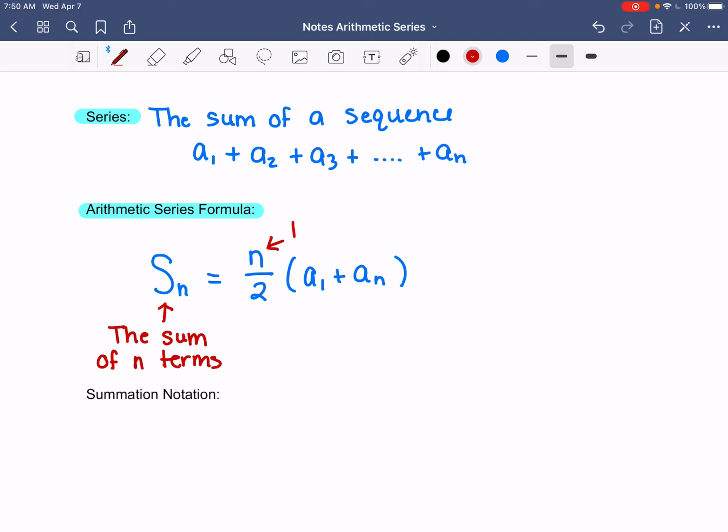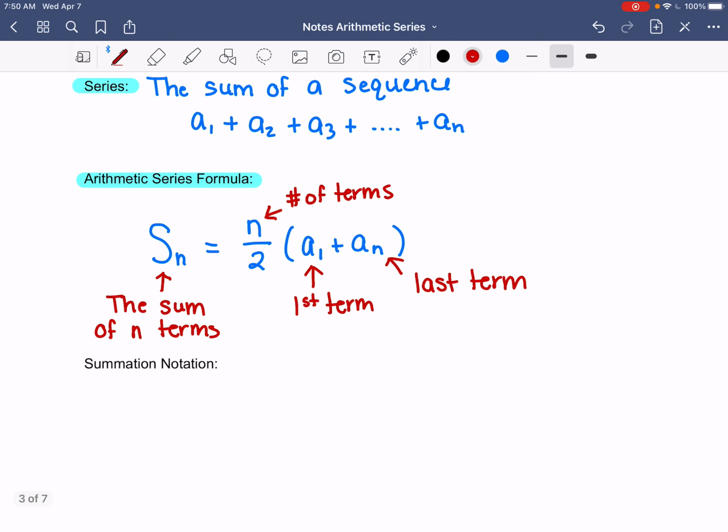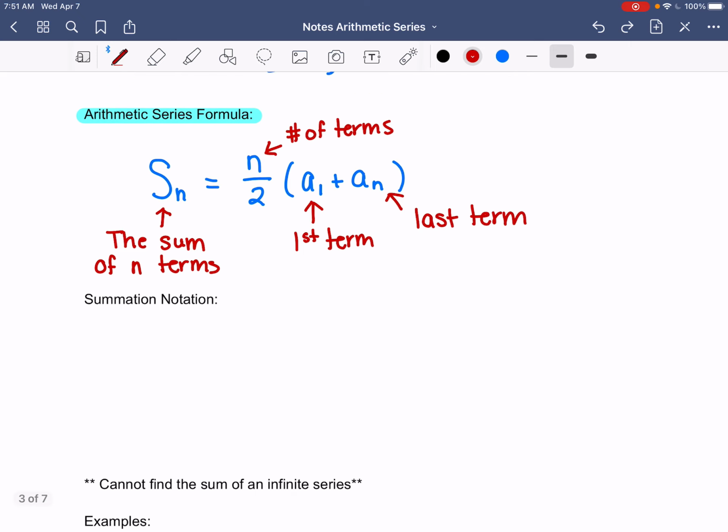N is just your number of terms. A sub 1 is your first term. And A sub n is your last term. So you're going to take your number of terms, divide it by 2, then add together your first and last term, and then multiply those numbers together.